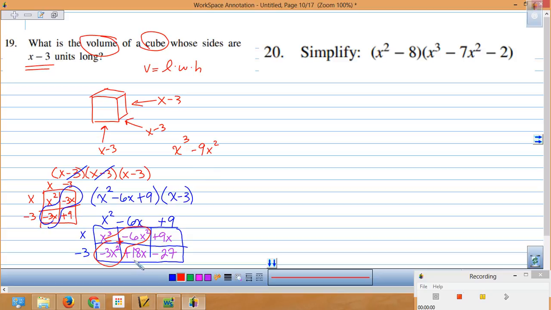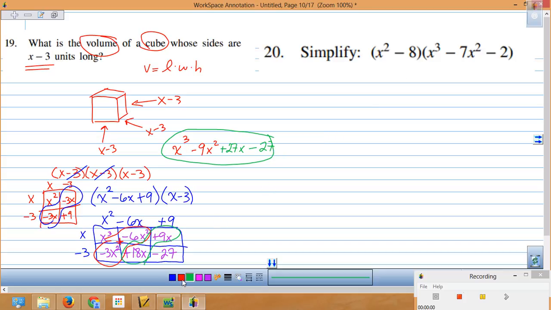Then you get the next like term peanut. They're the same sign, so we add 18 plus 9 is 27. And then you get x. And then you have negative 27 at the end. And that is, my friends, what you do.